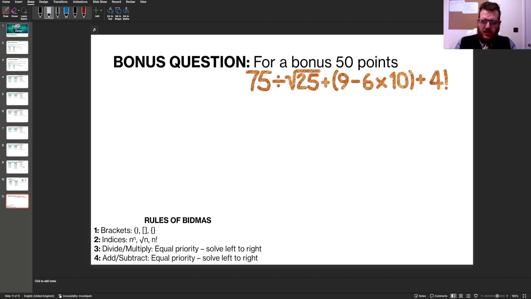Just remember the rules of BIDMAS, so always brackets first. The rules of BIDMAS not only count outside the brackets, but they also apply inside them as well. So you do the multiplication first, which is 60.